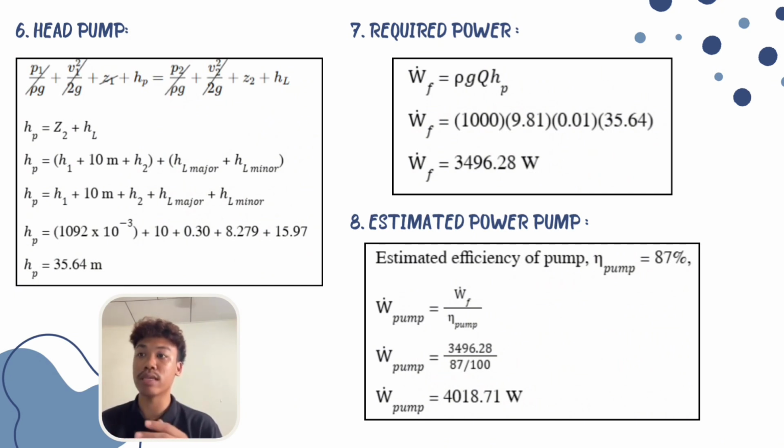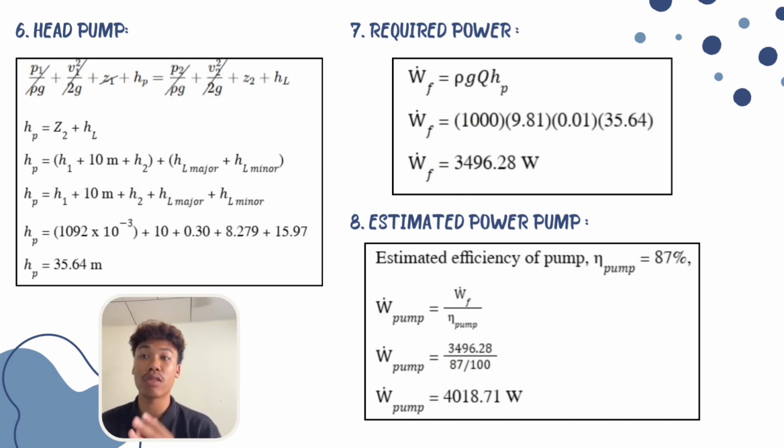Z2 is H1 plus 10 meter, which is the tank height from the ground, and then H2, and HL is equal to HL major plus HL minor. So the head pump is H1 plus 10 meter plus H2 plus HL major plus HL minor. After we calculate, we get the value of the head pump.